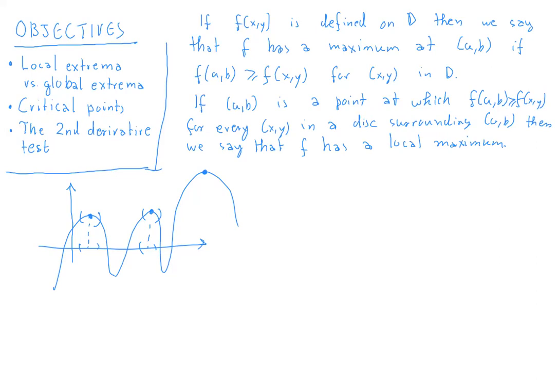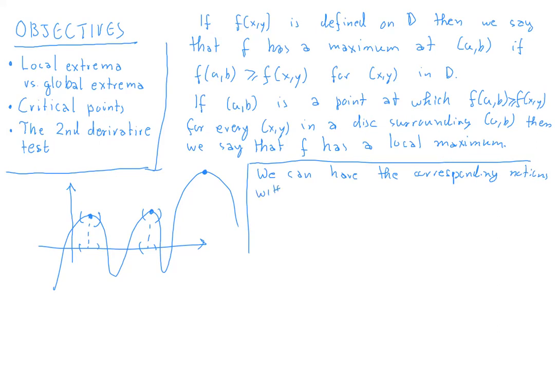Now, we're going to see in a second why it's important to consider local maxima. But before we do so, let me just state the obvious here, that we can have the corresponding notions with minimum. And of course, the inequalities will have to be reversed.